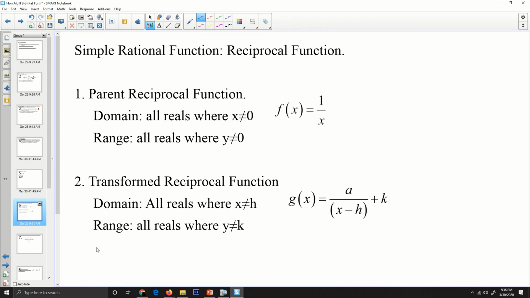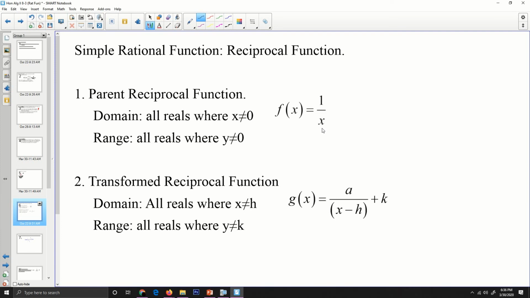We don't have to worry about the minus 3 or anything. But let's talk about the parent reciprocal function. The simplest reciprocal function is just going to be 1 over x. And just like in the previous one, we're looking for values of x that cause division by 0. In this case, the only value for x that causes a division by 0 is when x is equal to 0.